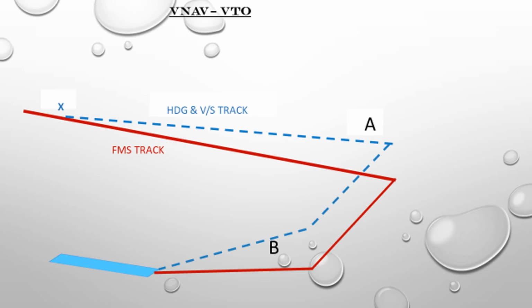As the aircraft descends, at X, the air traffic controller or another reason would warrant the aircraft to deviate from its vertical and horizontal profile. So the pilot will use heading mode to steer the aircraft off its published magenta FMS track, and also use vertical speed mode to, for example, reduce the rate of descent.